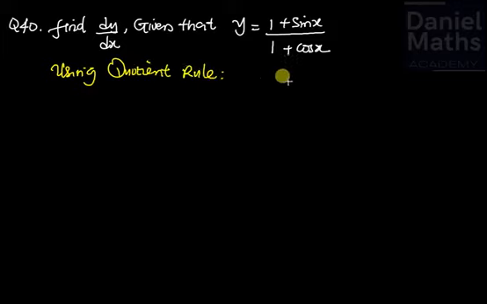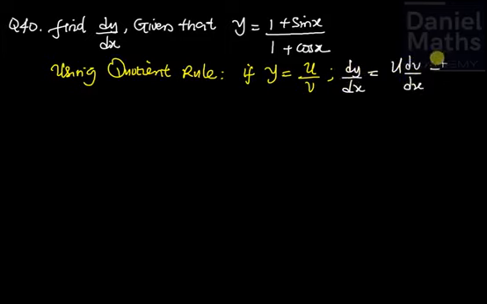Quotient rule says that if y is equal to u all over v, then dy over dx is equal to u dv over dx minus v du over dx, all of this being divided by v squared.